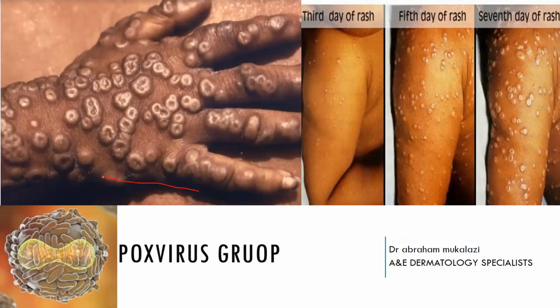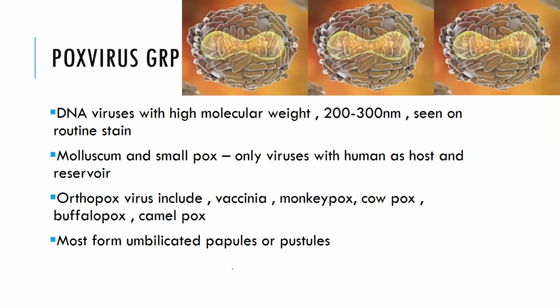So this group has been with us for eternity, and luckily enough, it is one of the commonest things that we see, and someone should have an idea of how it looks. This pox group is a viral group that has a very big DNA or molecular size, such that even on routine stains, when you take a biopsy from the skin lesions, you're able to see the virus within the cells.